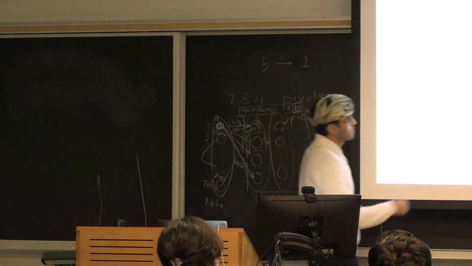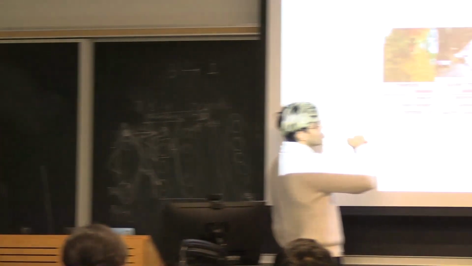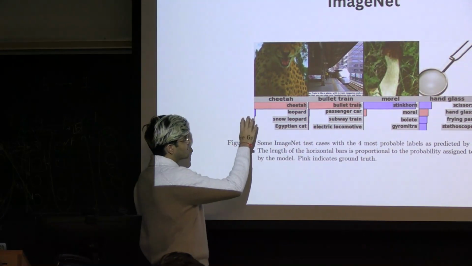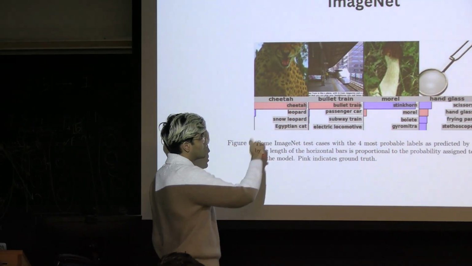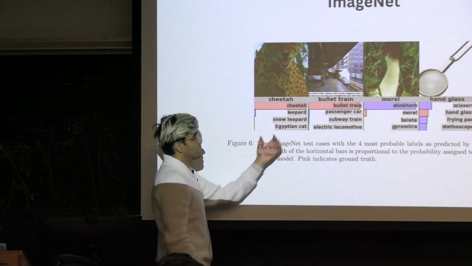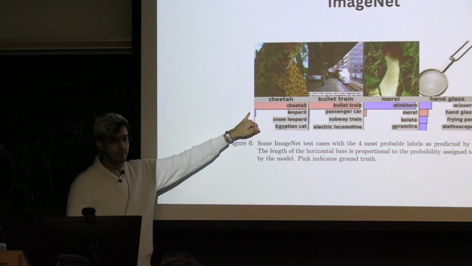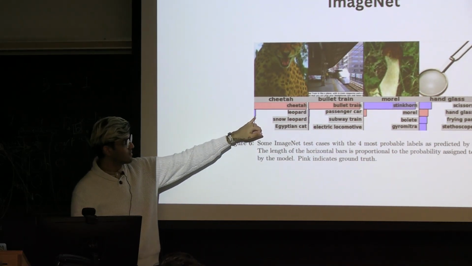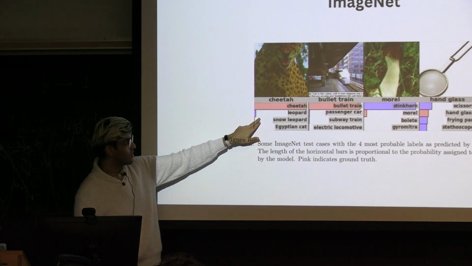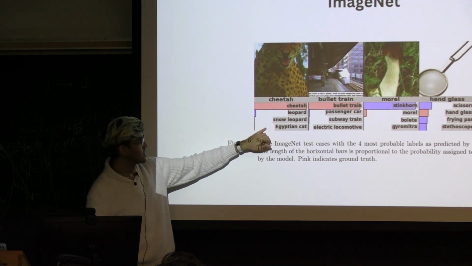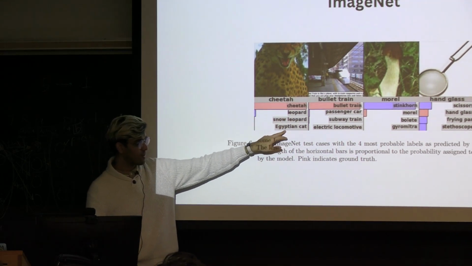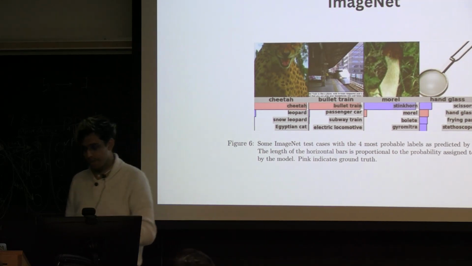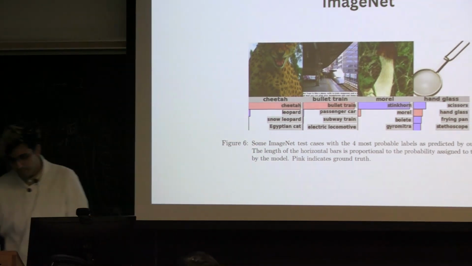So essentially, in this example, the neural network thought that this image was of a cheetah, and this is how much confidence it had, right? Then with marginal confidence, it thought it was a leopard. And basically with no confidence, it thought it was a snow leopard or an Egyptian cat, right? So on and so forth for everything.